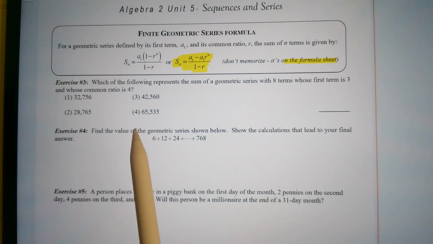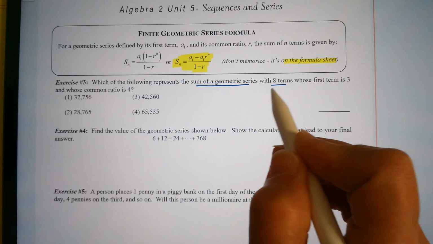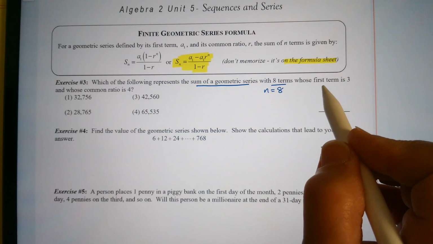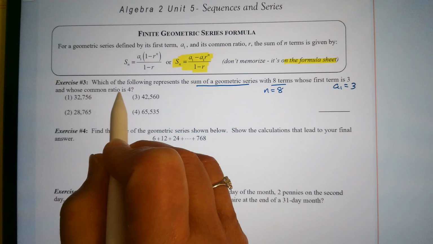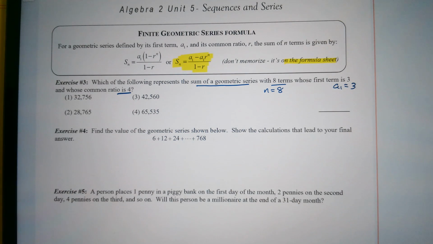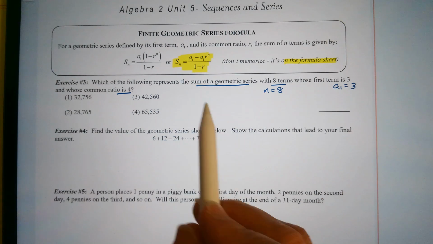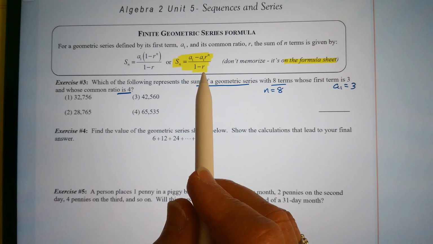Which of the following represents the sum of the geometric series? So we're looking for the sum of 8 terms, whose first term is 3 and whose common ratio is 4. All right, so we have everything we need. We need the number of terms, n, the value of the first term, and the value of our common ratio.